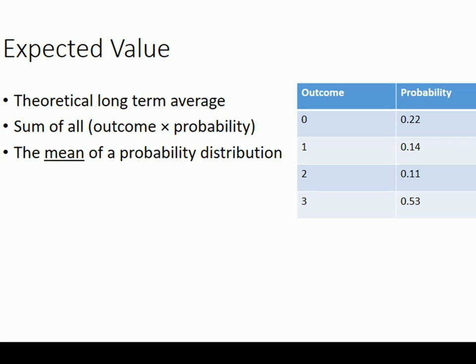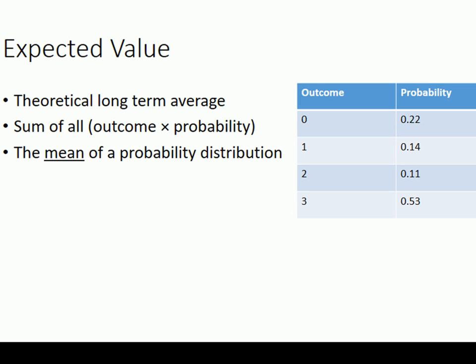And the last concept that's important is the concept of an expected value. It is actually very much related to the mean, but in a probabilistic or theoretical sense. So an expected value of some probability distribution like this would be a theoretical long-term average.